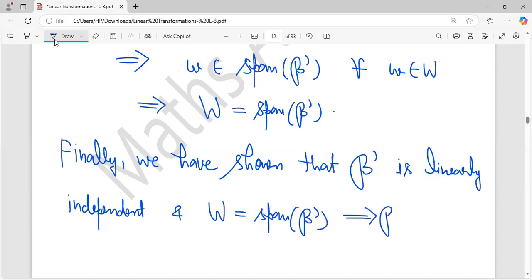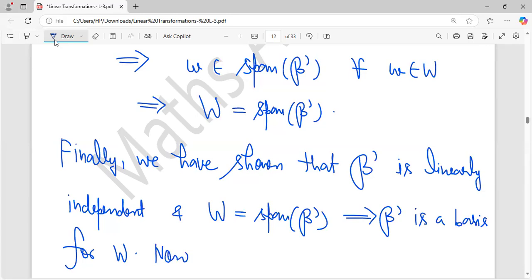So this implies B dash is a basis for W.